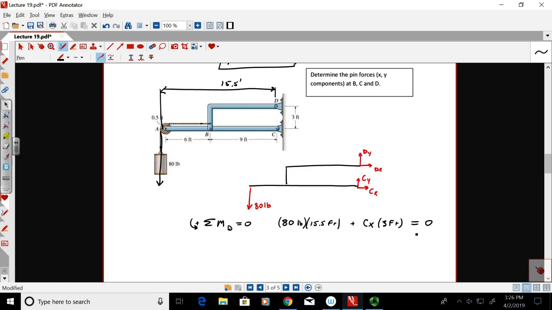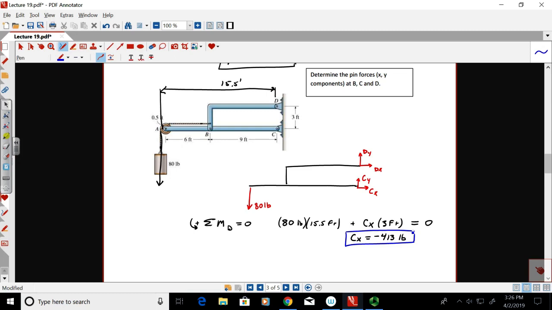That means one of them must be wrong. The CX has obviously got to be negative. In fact, if you go ahead and solve for CX right here, you're going to see it's minus 413 pounds. That's okay. It's okay you got a negative. No big deal. That just means I drew it wrong.